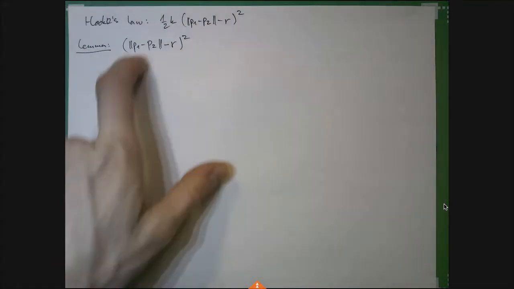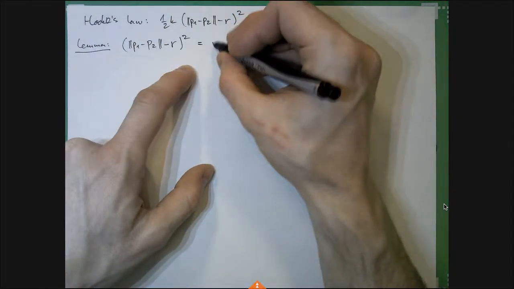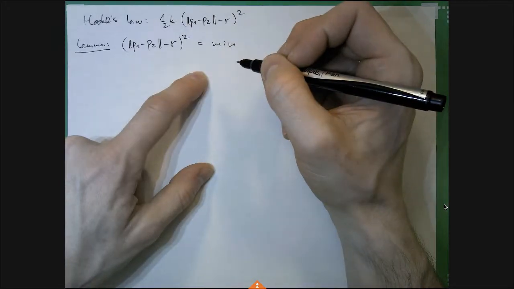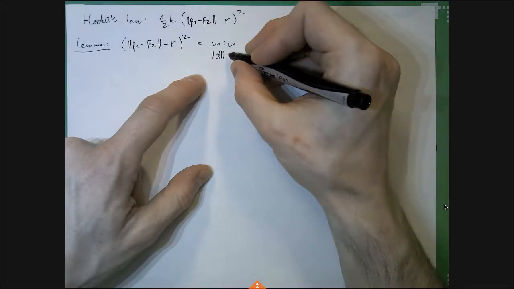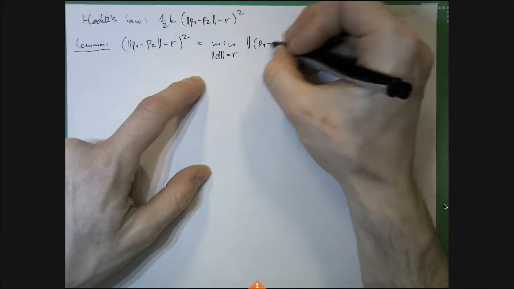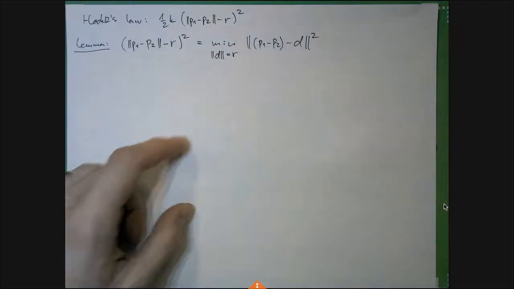So up to the 1/2 K, up to the scalar, this is exactly Hooke's law. And here is the whole trick, to write this as an optimization problem. The optimization problem will have some variable d, and we'll explain what it is in a second. P1 minus P2 minus d squared.